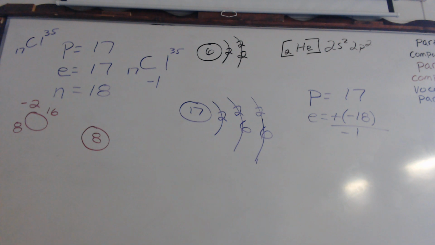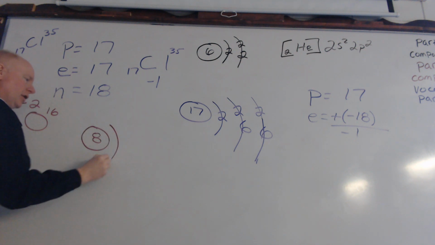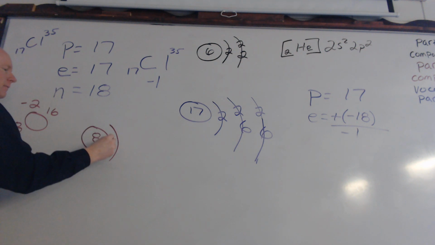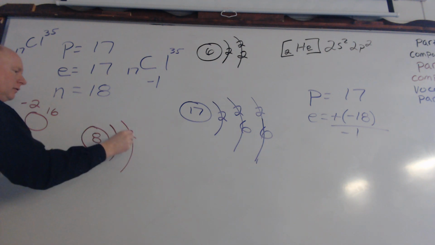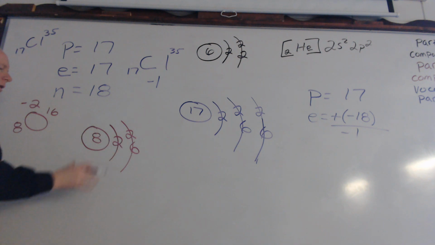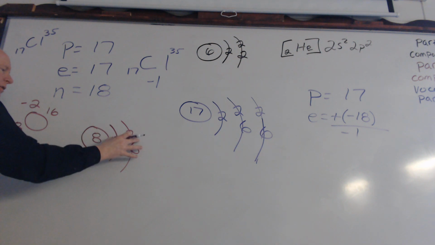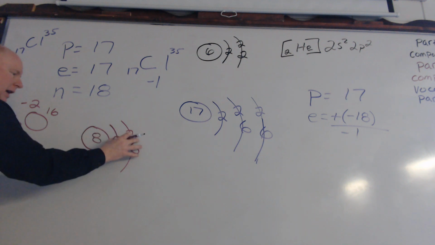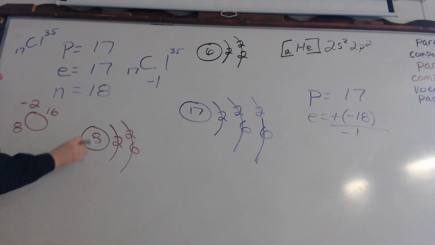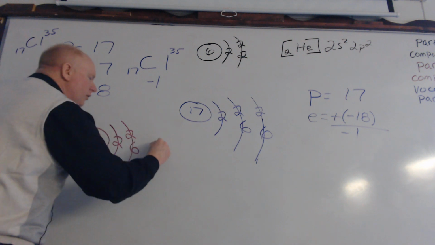Do the Bohr model for that. Okay, first energy level, how many? Second energy level. Okay. Add those together. How many numbers do we have out here? 10. Okay. So how many positive charges are in the nucleus?